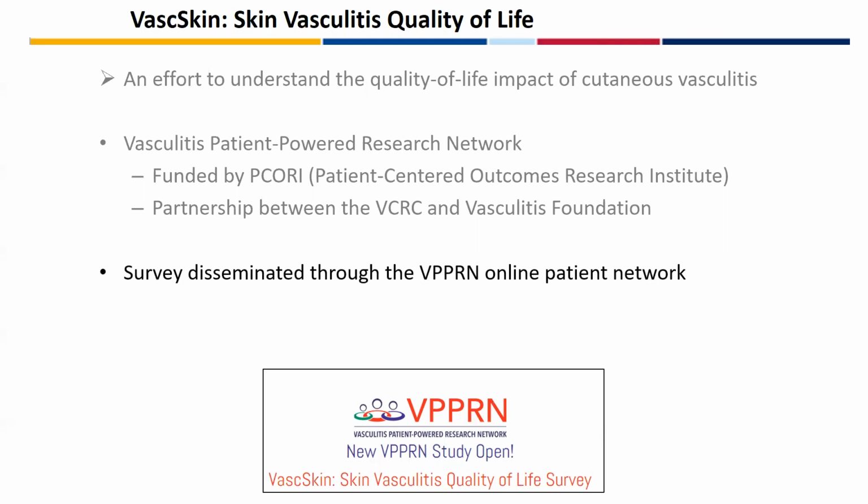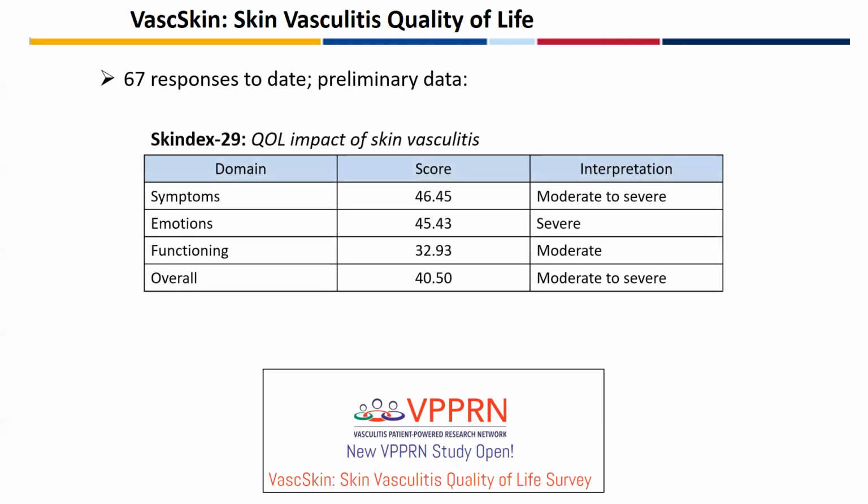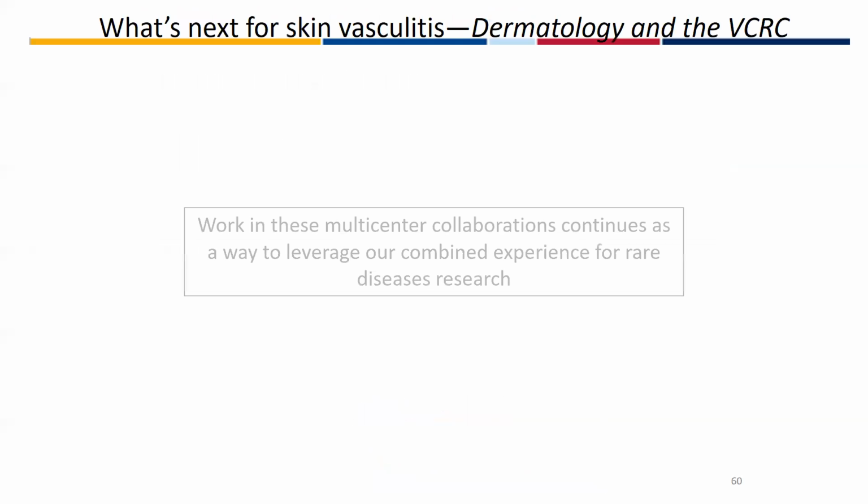We've disseminated our survey through the VPPRN online patient network and have so far received 67 responses, still getting results back. And this is, fresh off the press, just initial analysis showing actually quite significant quality of life impact of skin vasculitis in all domains of the Skindex-29.